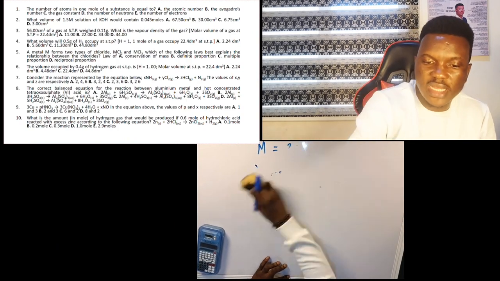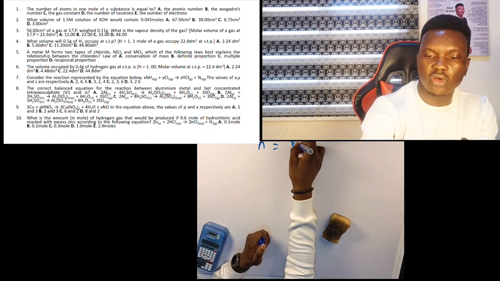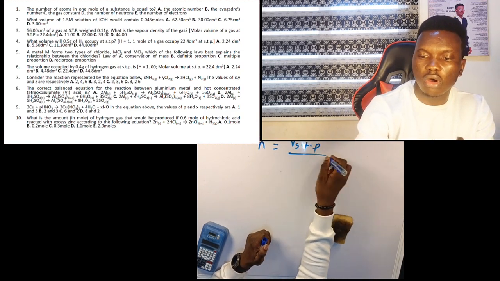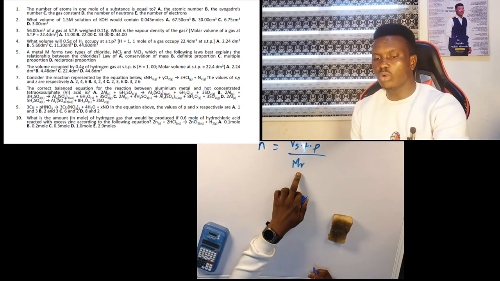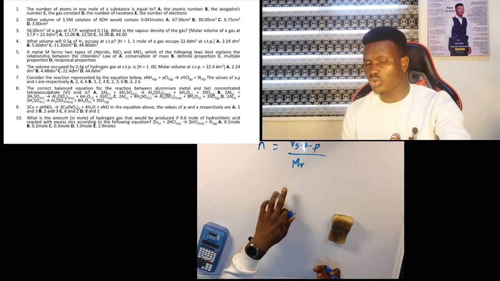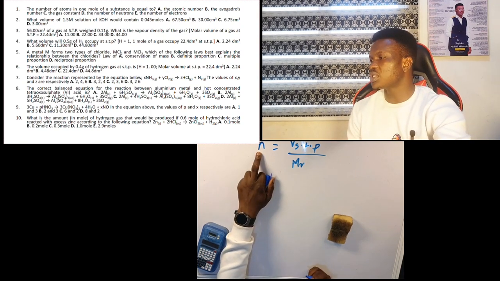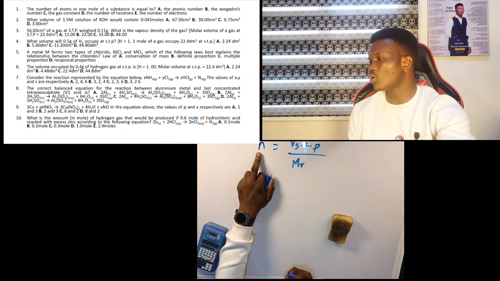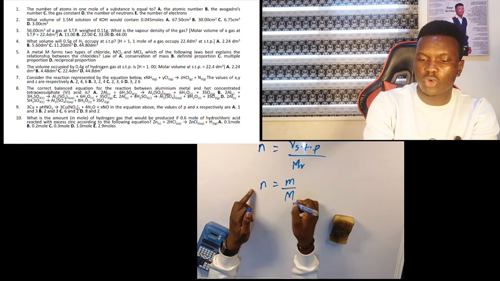So you're going to say that number of mole is equal to volume at STP all over molar volume. Shey you get? Now, you will know molar volume because it's a constant, and the unit you have is in dm cube, so you use 22.4 dm cube. But now, how do I know number of mole is the next question. The mass is 0.5 grams, so you now say that number of mole is equal to mass over molar mass.